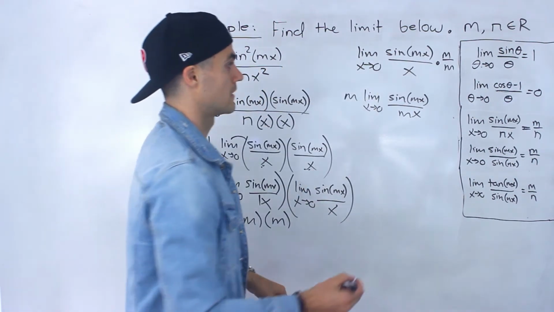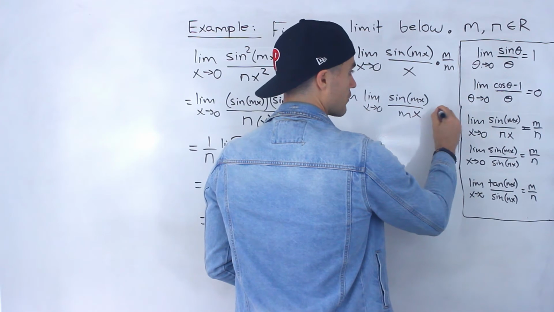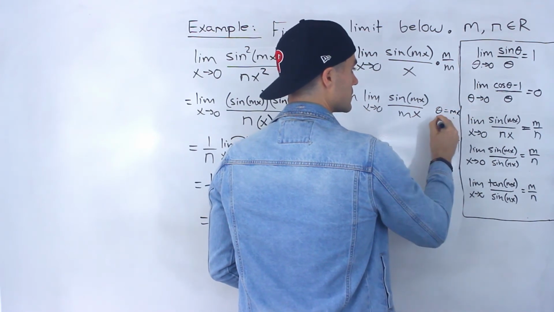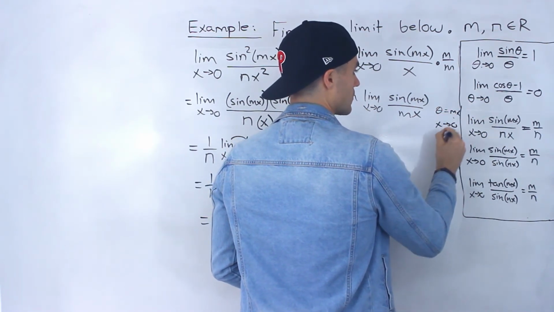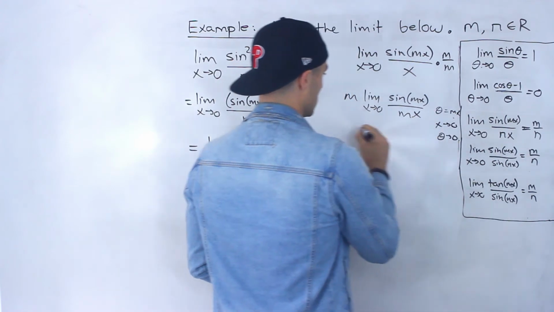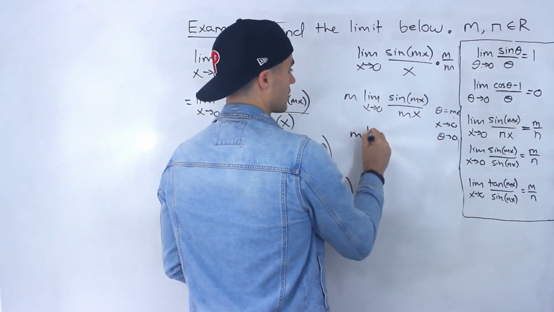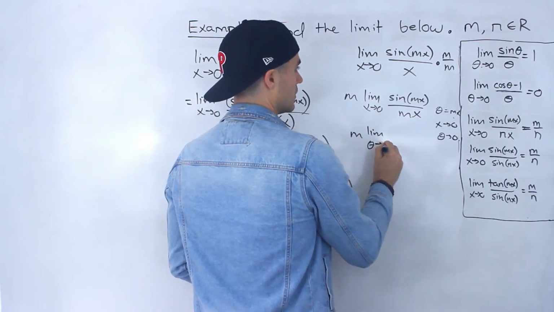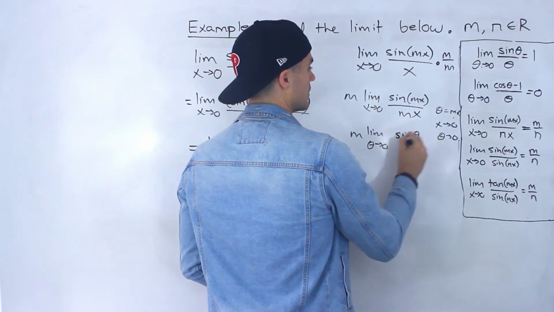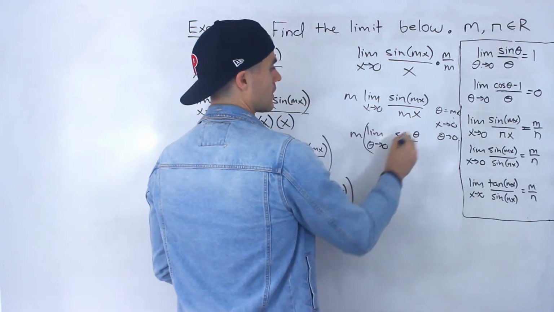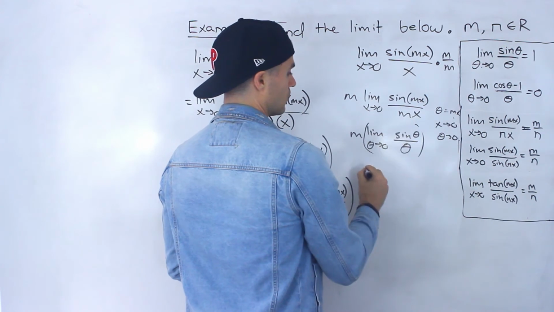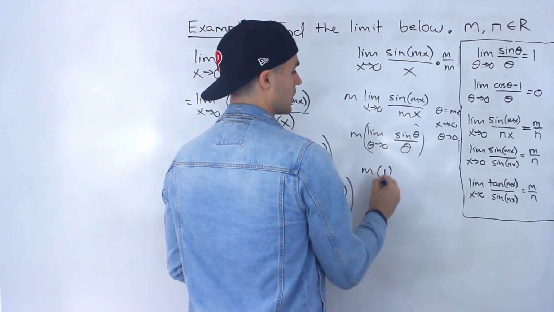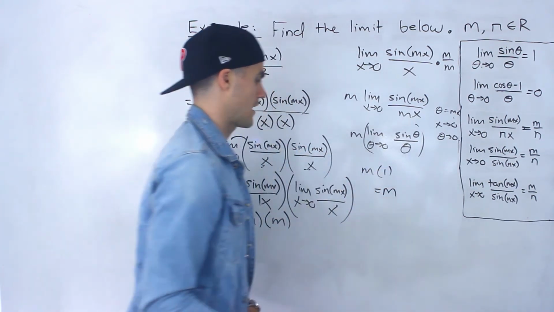It's a real number. So now we could do a change of variable. Theta equals mx. So as x approaches 0, that means theta is approaching 0. So doing that change of variable, we'll have sine theta over theta, and this we know is equal to 1. So m times 1 equals m.